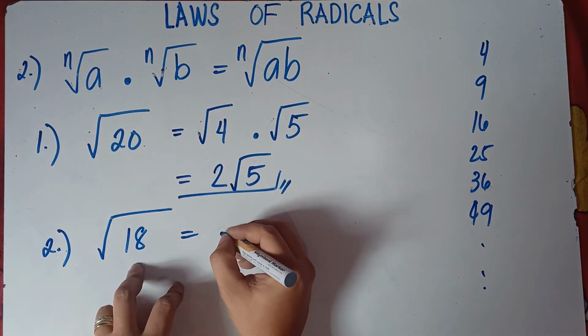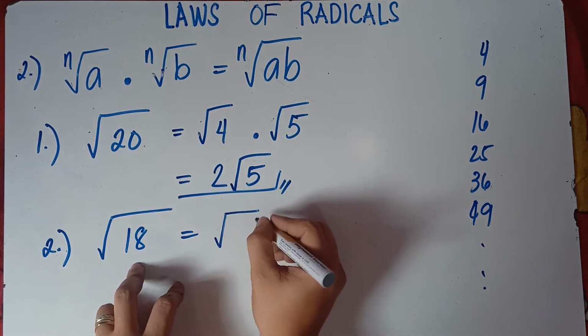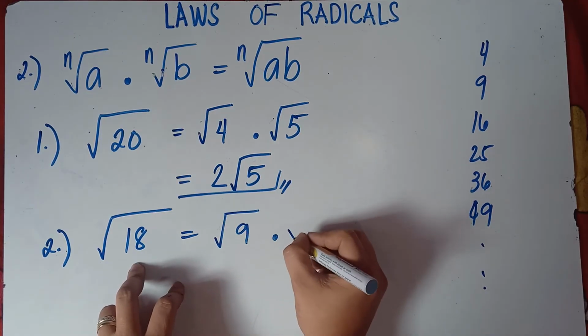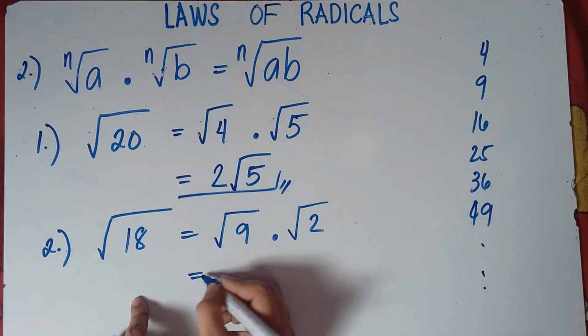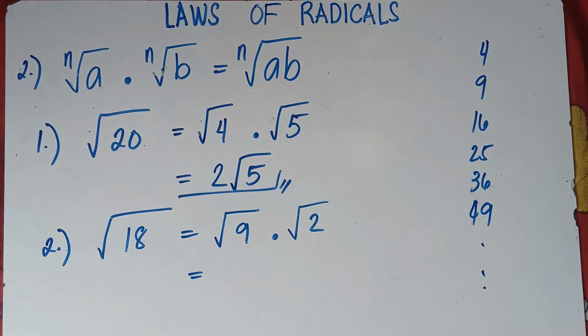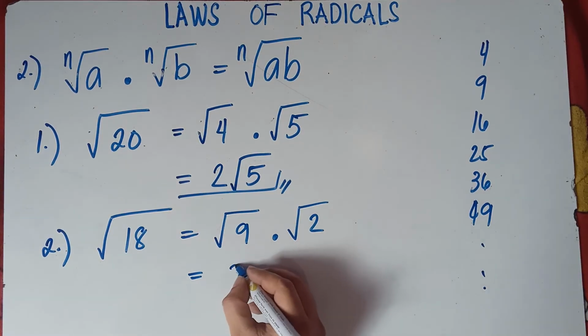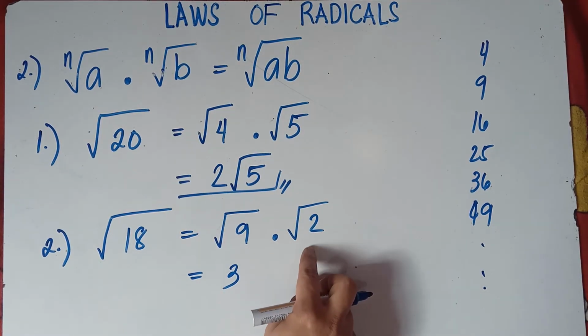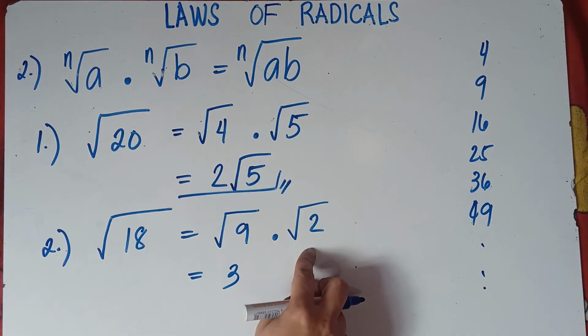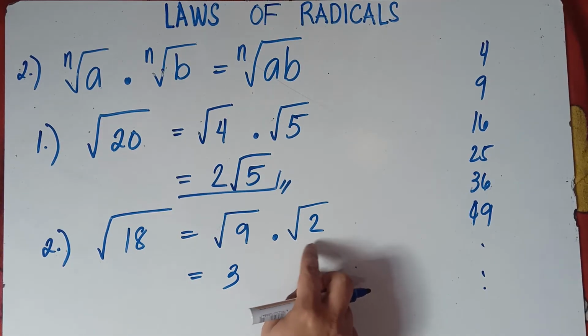So the square root of 18, we can simplify as the square root of 9 times the square root of 2. And what would be the square root of 9, class? The square root of 9 is 3, because 3 times 3 is 9. So the square root of 9, that is 3, times the square root of 2. Do we have a square root of 2? No, and we cannot simplify the square root of 2.